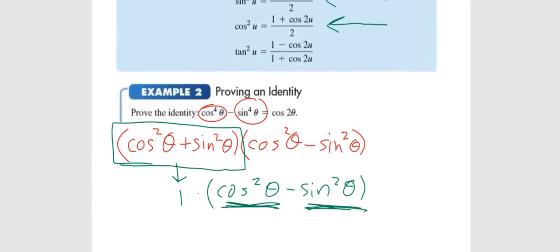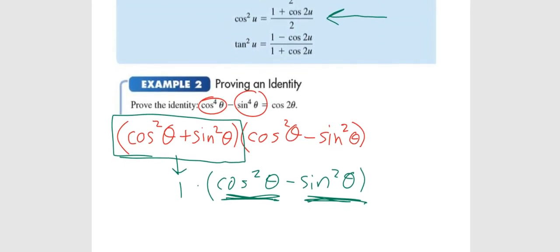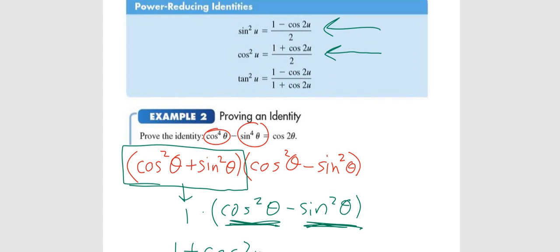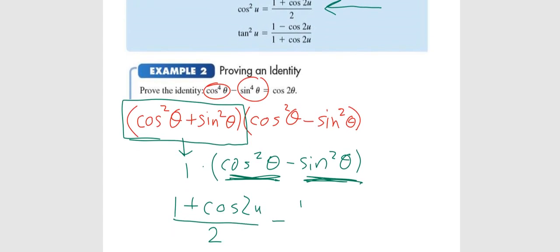So I'm going to try to scooch this up a little bit so I can write 1 plus cosine 2u all over 2 minus 1 minus cosine 2u over 2.